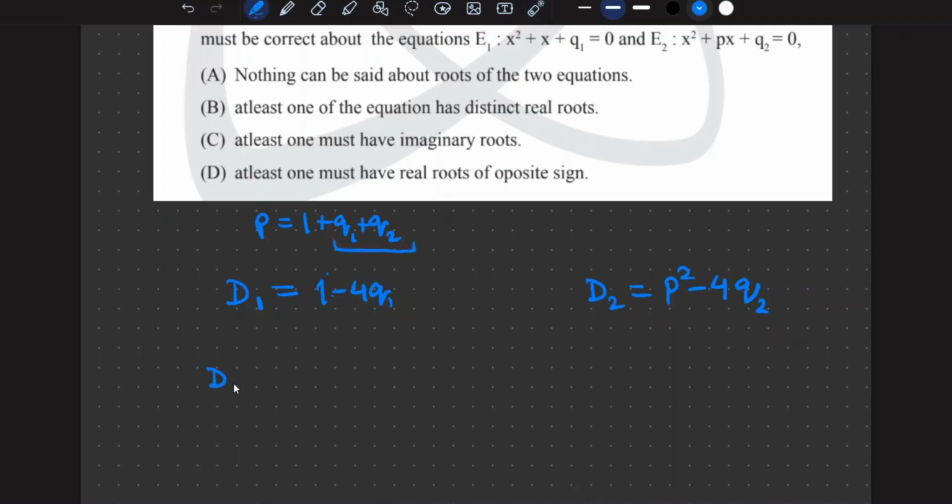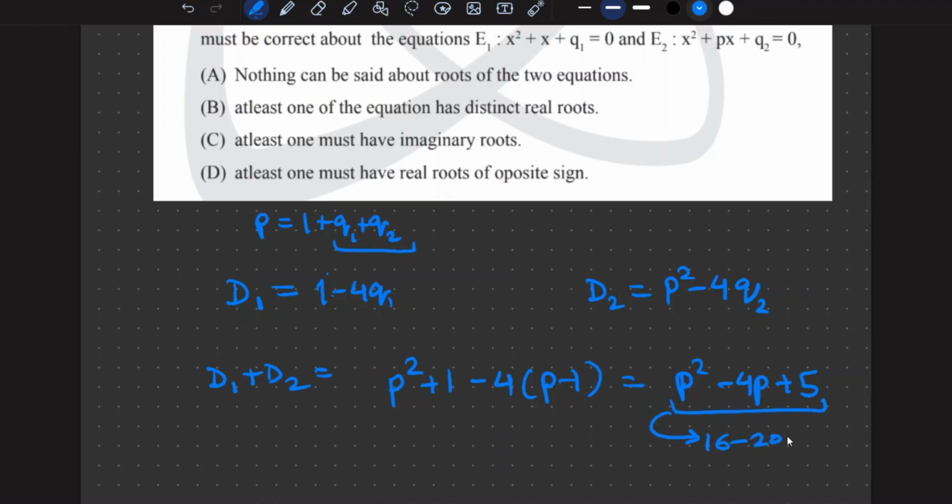Okay, so D1 plus D2 would be P square plus 1 minus 4 times Q1 plus Q2. Let me replace Q1 plus Q2 with P minus 1. So this will become P square minus 4P plus 5. All right. So as you can see, the discriminant of this whole expression would be 16 minus 20, which is minus 4, which is negative.